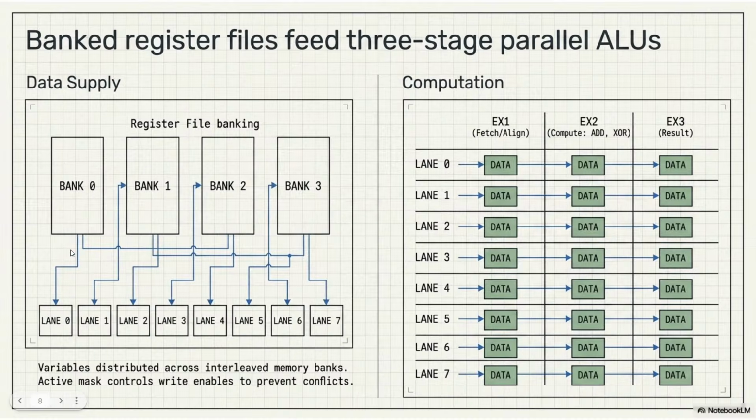For example, bank 0 is handling lane 0's data, then bank 1 is handling data of lane 1, lane 2, and so on. So you have banks which are divided among the different lanes.